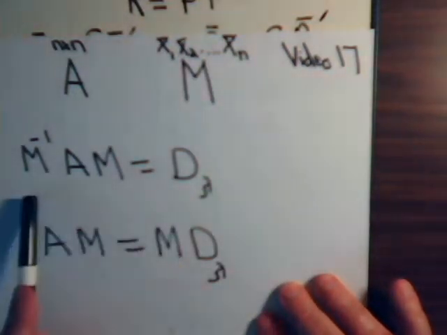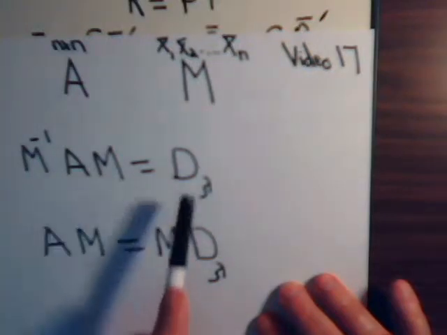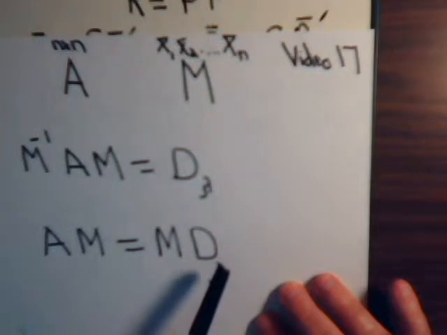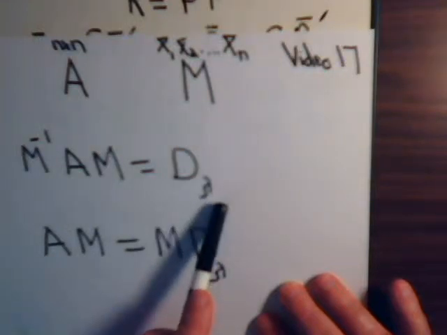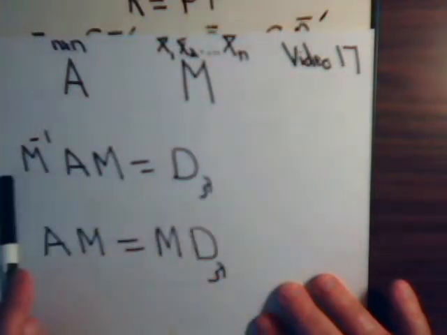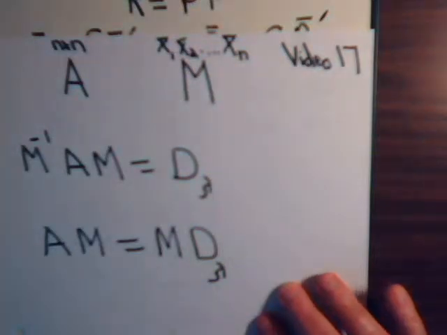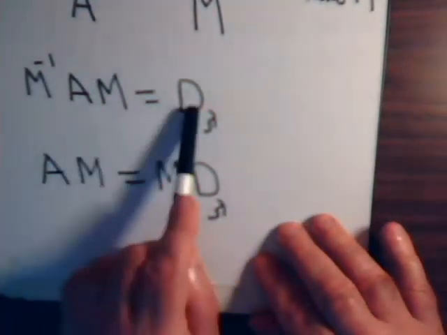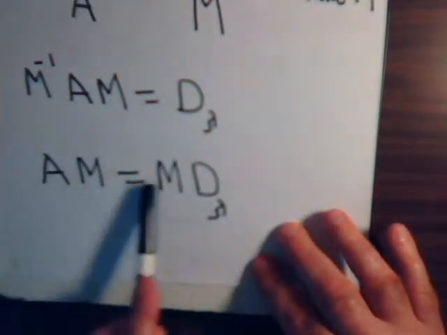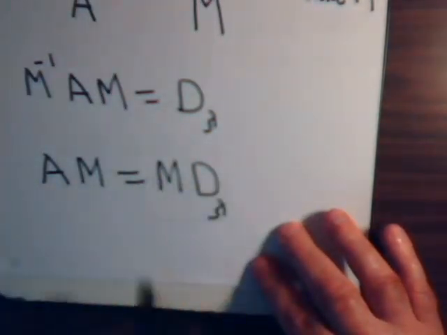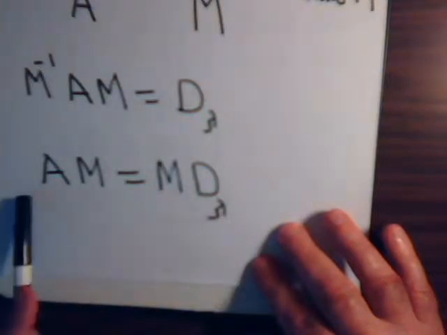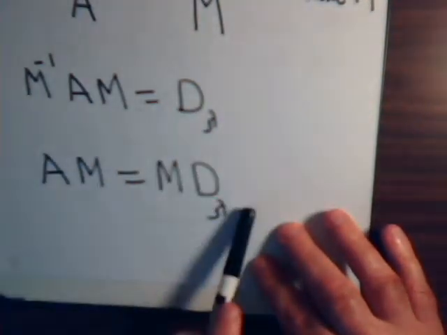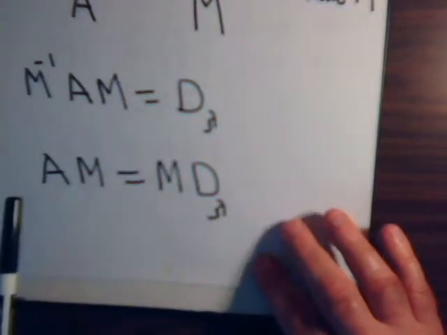So the diagonal elements are lambda 1, lambda 2, and so forth. Again, we discussed that in a lot of detail in video number 17. Or, this equation we actually had in this form first, then multiply each side by the inverse of M, and we get this equation. So these two equations are equivalent.